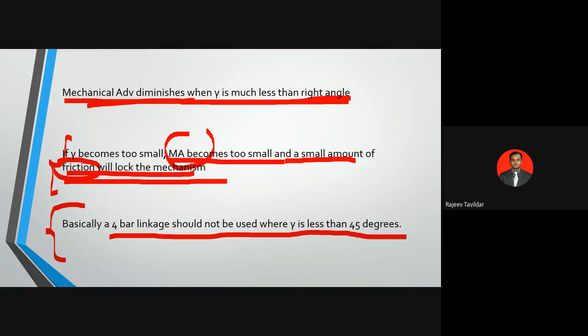So under that particular condition, if you are placing the mechanism such that gamma is getting less than 45 degrees, then you are not supposed to use this 4-bar linkage. You are supposed to go for another mechanism, because you can justify and you know the reason that if it is less than 45, there is a possibility that the mechanism can get locked.